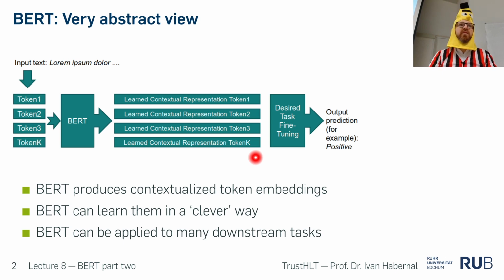BERT takes an input which is some number of tokens, and one of the limitations of BERT and actually all transformer models is that we have a fixed number of inputs. So there is some k number of input tokens, and for each token we learn a contextual representation. So sort of like embeddings, but in the context of all the other words.